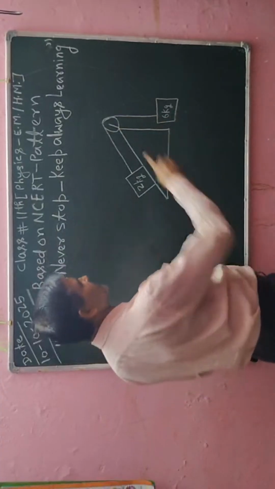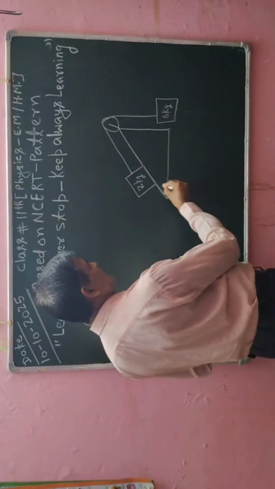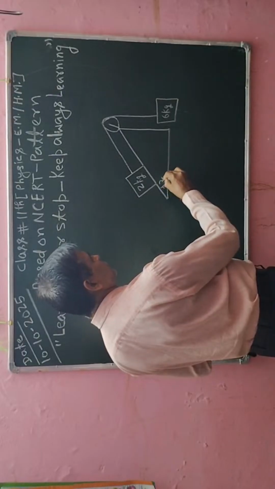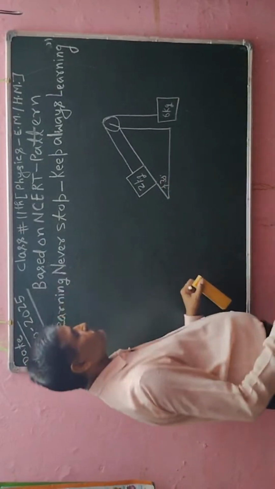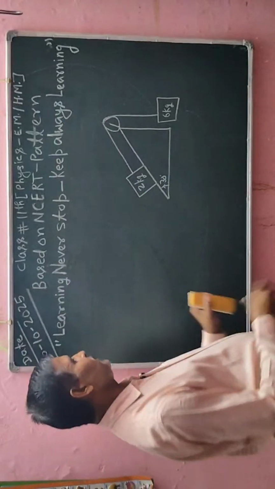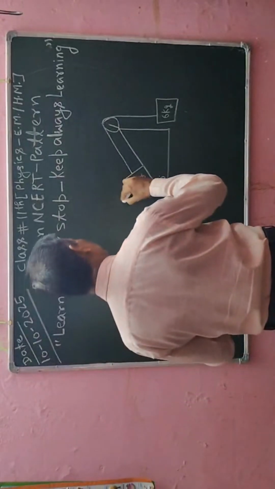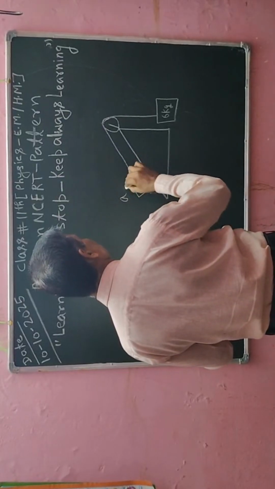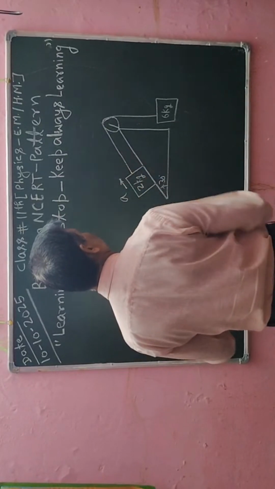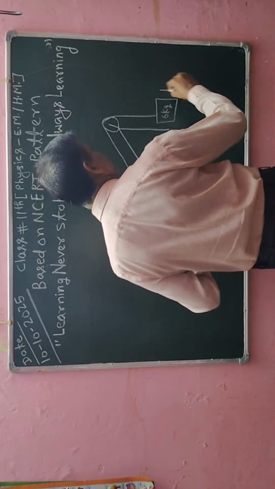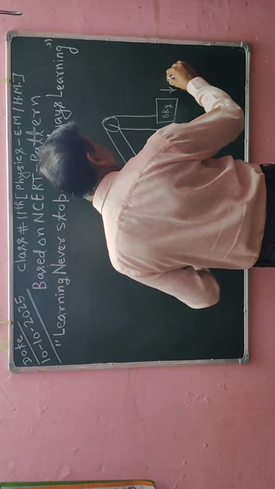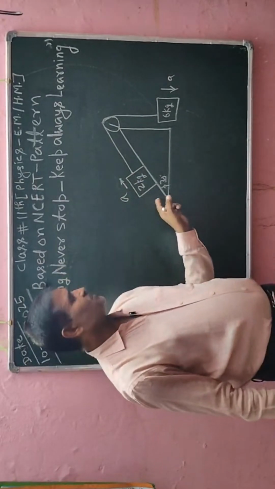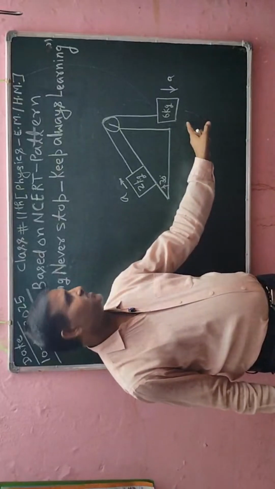Now this inclined plane is at 30° as per the question. We also have to calculate the acceleration of this object when it is moving forward in this direction, and the other object is going downward, because the first object has mass 2 kg and the second object has mass 6 kg.